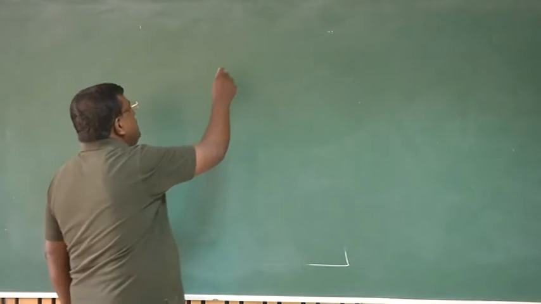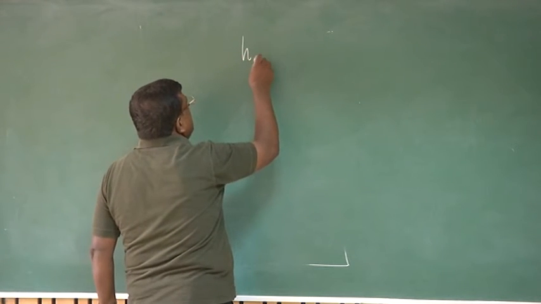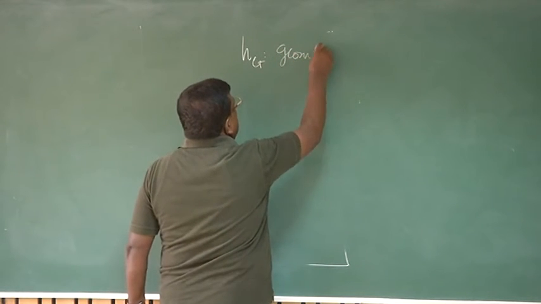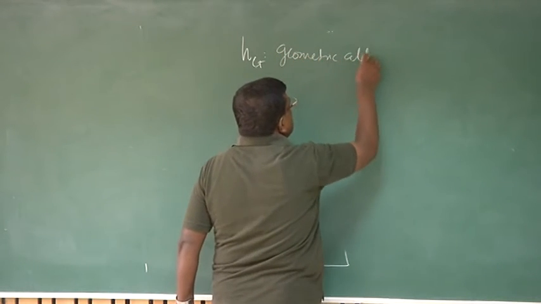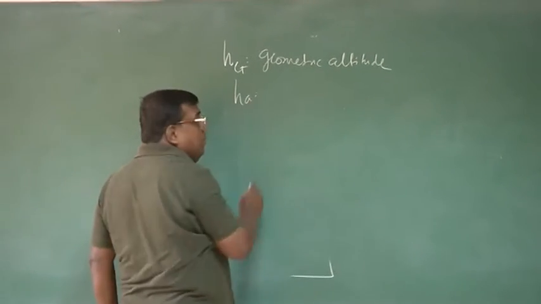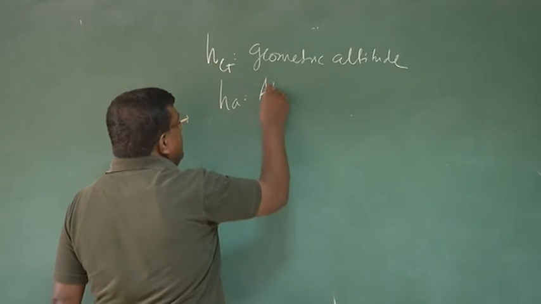So we have just completed Hg, which is geometric altitude. We have talked about HA, which is measured from the center of the Earth, which is called absolute altitude.